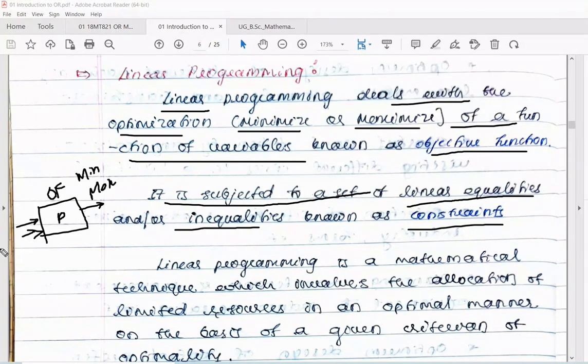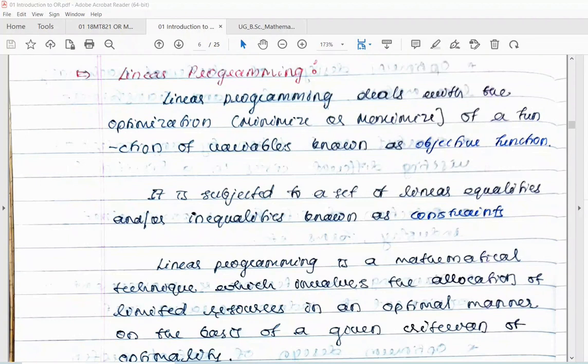For this, we need to define the inequalities and the linear equalities. Those are called constraints. You consider defining all the constraints in order to model properly.